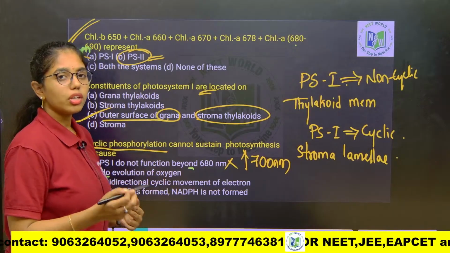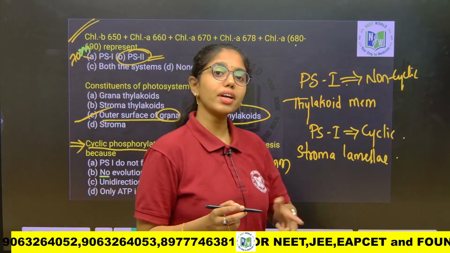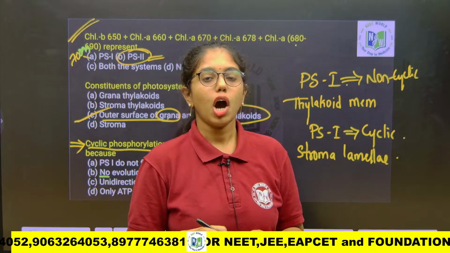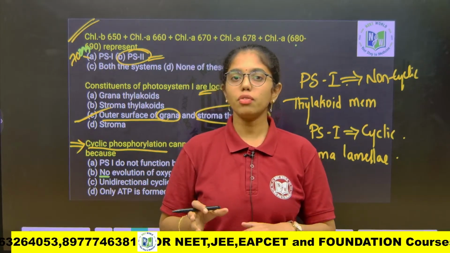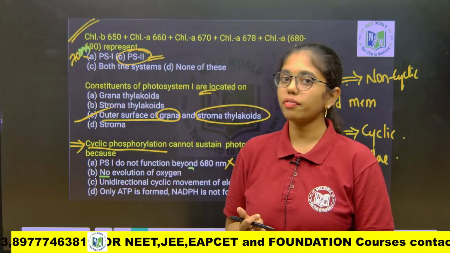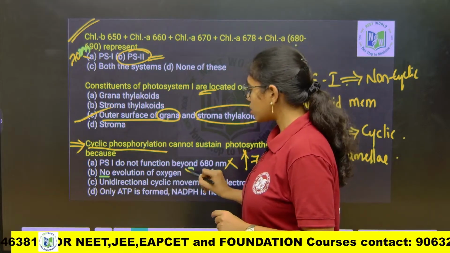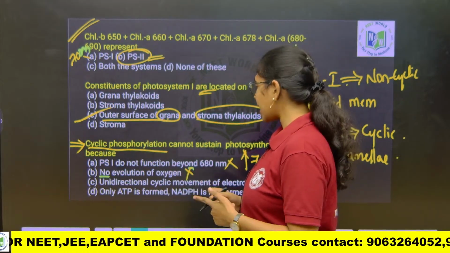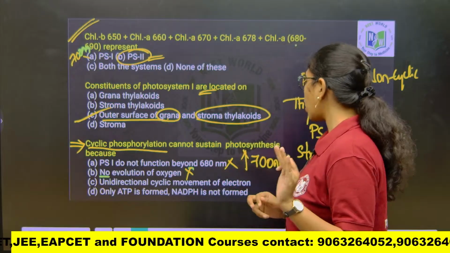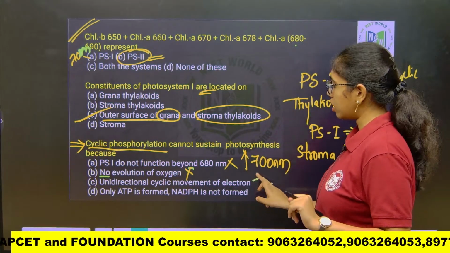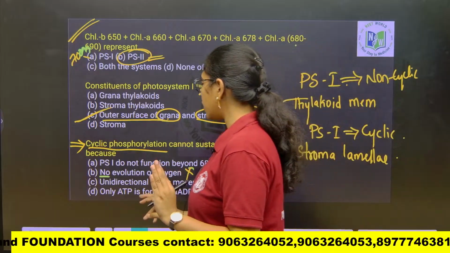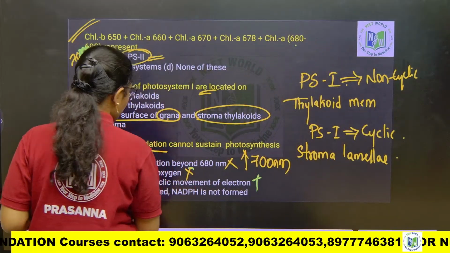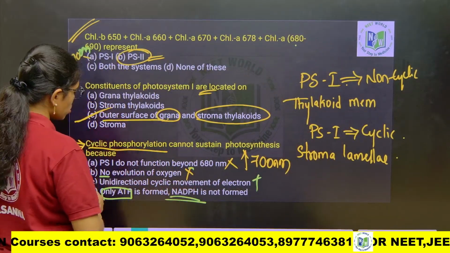When there is no evolution of oxygen, that will not affect the electron transport system. Oxygen evolution is involved in other processes, but it will not affect the electron transport system. So, this is also wrong. Unidirectional cyclic movement of electrons also will not affect the photosynthesis. What it is actually affecting is that only ATP is formed and NADPH is not forming.